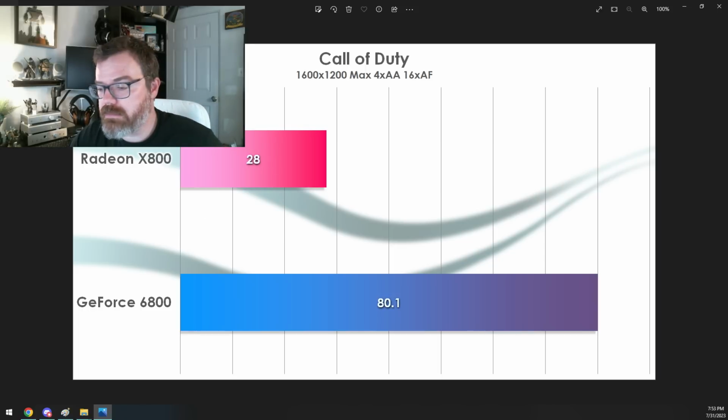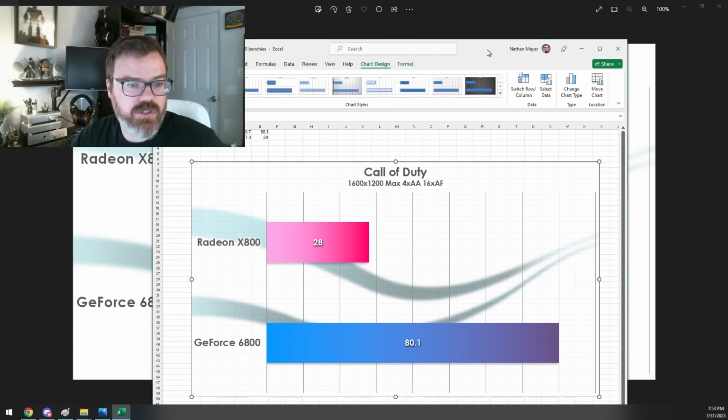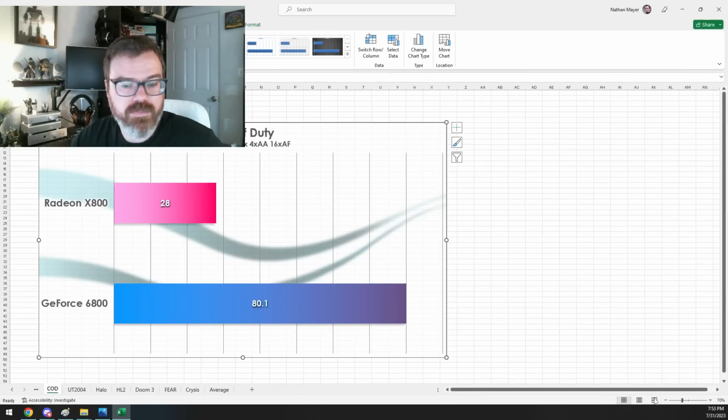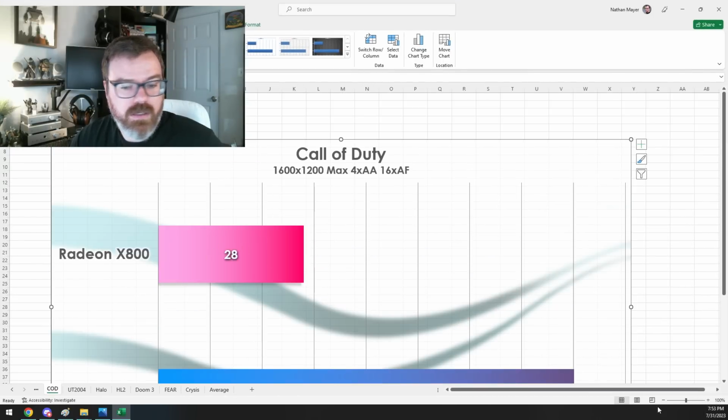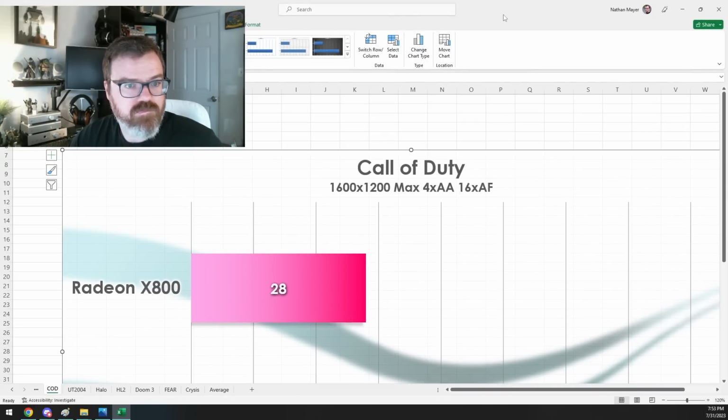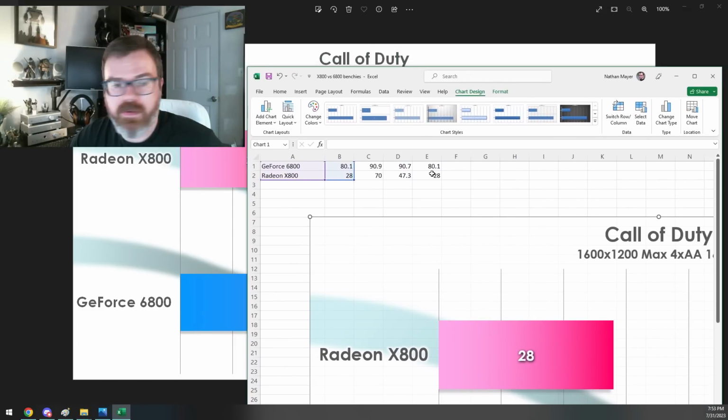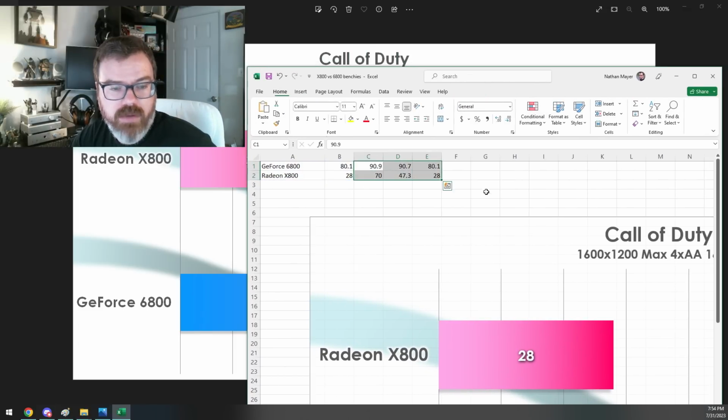Matter of fact, let me just pull up the Excel sheet, and I can show you here real quick. We zoom in here. So these are all the tests that I ran. I ran at multiple resolutions just to try and see if I could get under that VRAM capacity limit.